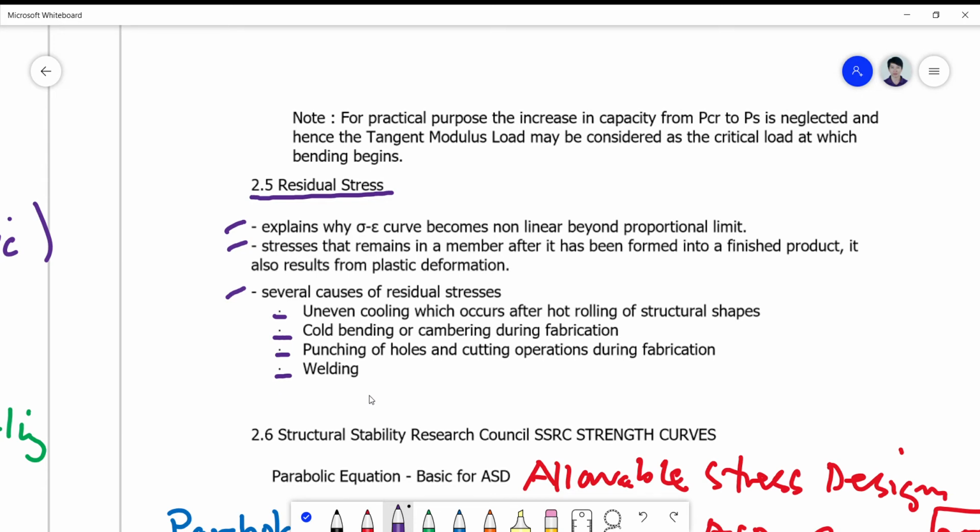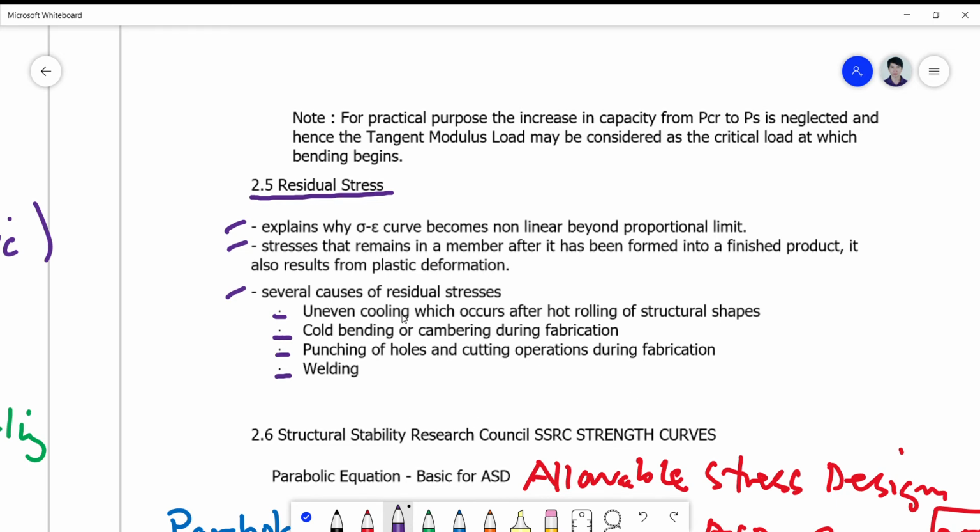Which simply states that in the process of producing steel, we cannot avoid the material undergoing an increase in this residual stress because of the processes involved.